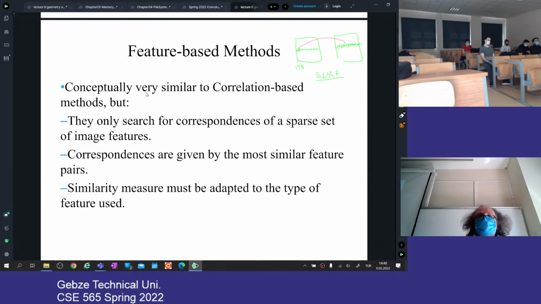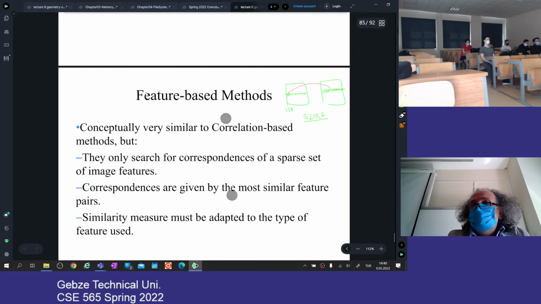At the end, we said that so far we have looked at the dense correspondence establishment method. What do we mean by dense correspondence establishment method?